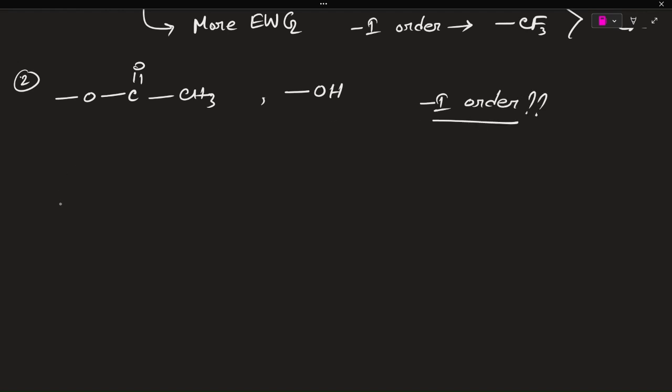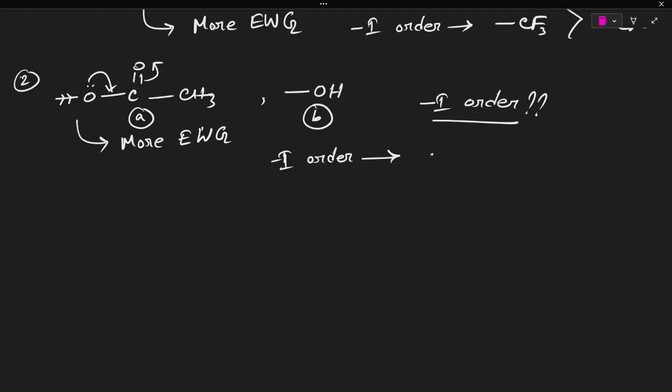Here we can see the oxygen atom has a lone pair that is involved in conjugation with the carbonyl group. Due to this conjugation, this group is more electron withdrawing. The minus I order is, if we consider this is A and this is B, A is greater than B.